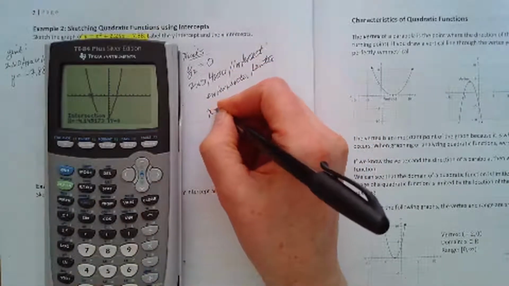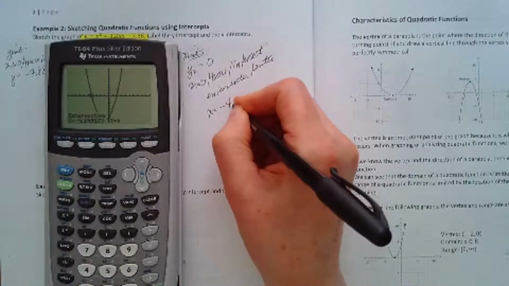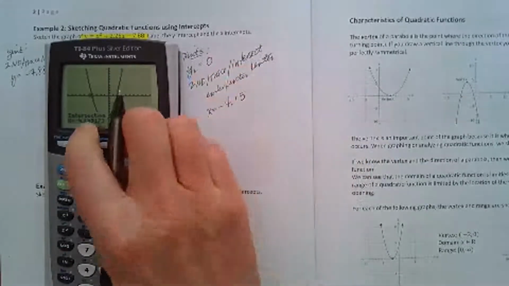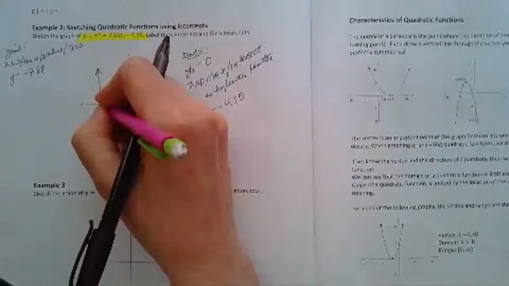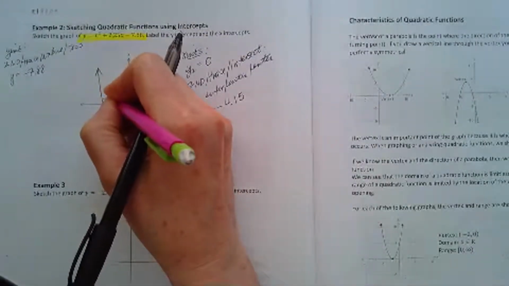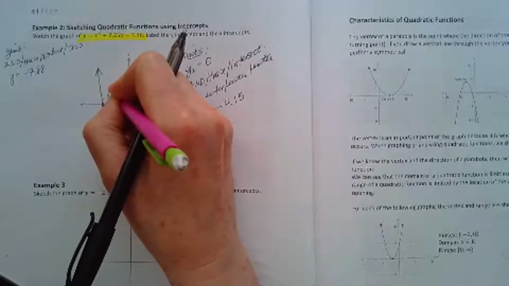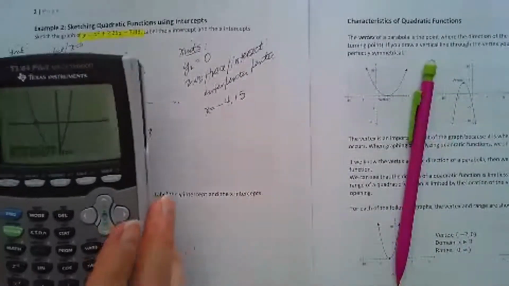X equals negative 4.15, rounding to 2 decimals. So that's what I'm going to label right here. This x-intercept is negative 4.15.